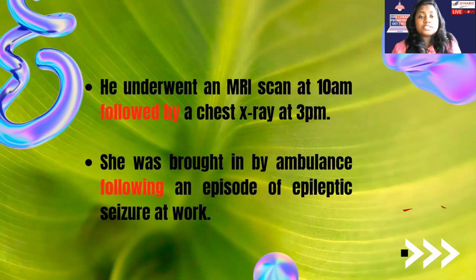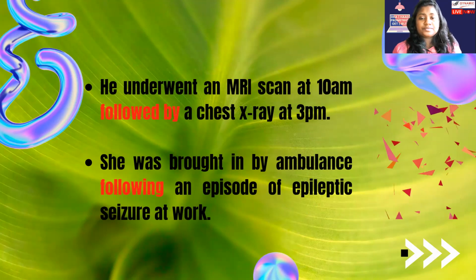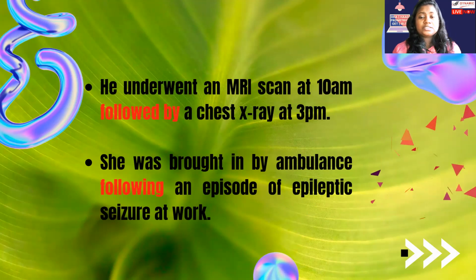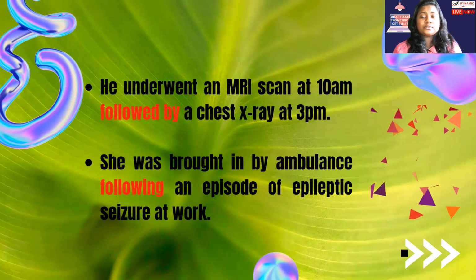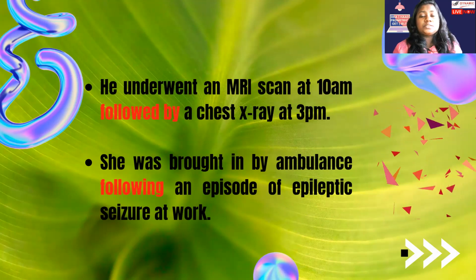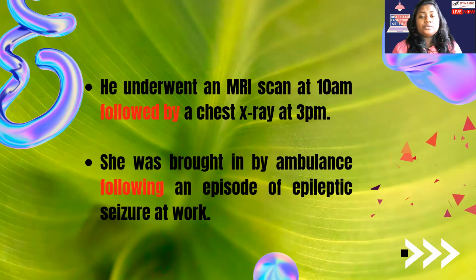The first thing that happened is that she got an epileptic seizure during her work. Then she was taken to hospital by ambulance. So the first event that happened was the episode of epileptic seizure, then she was brought to the hospital by ambulance.